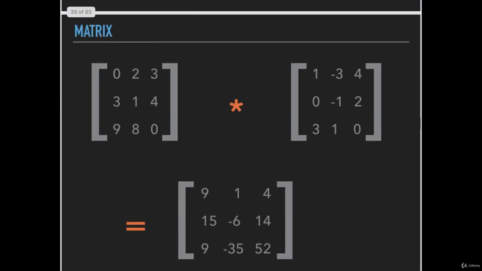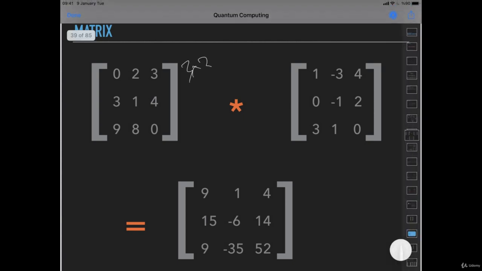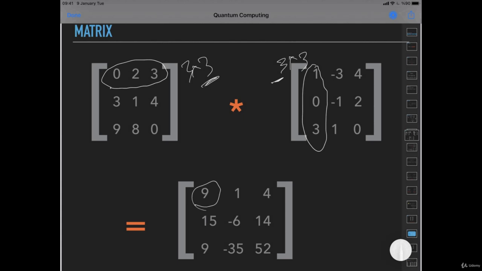For example, over here, we have 2 matrices, 3 by 3 over here and 3 by 3 over here. Since I have 3 columns over here and 3 rows over here, yes, I can multiply them, because I can just take this and multiply it with this one, and the result will be 9, and I will write it over here.